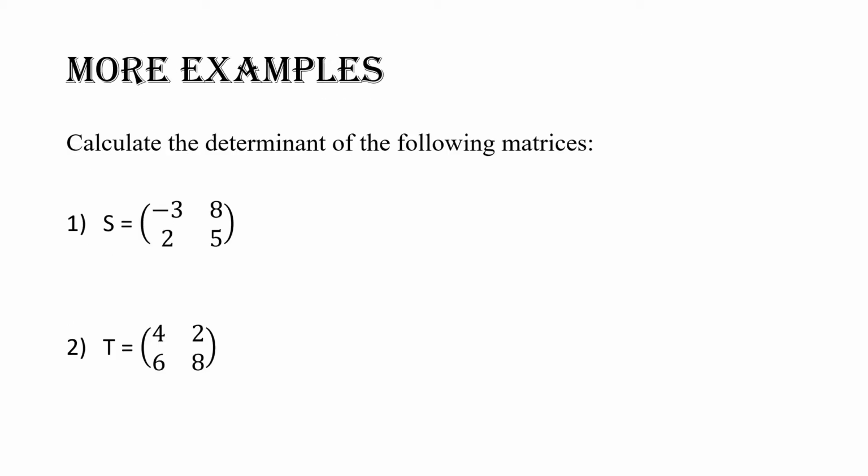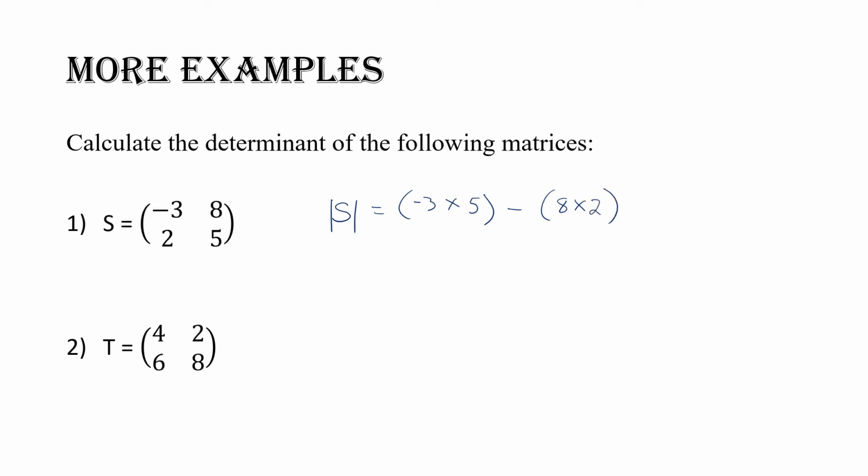Let me do some more examples. I have 2 here that I will do, and then I have 3 for you to attempt on your own. Here we're asked to find the determinant. S with the modulus will be equal to minus 3 times 5 minus 8 times 2.